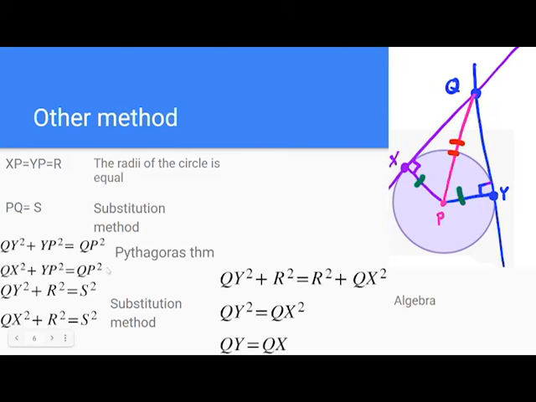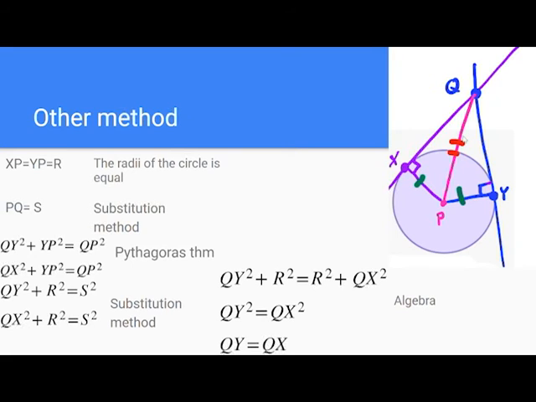Afterwards, in the previous slide I mentioned using the Pythagorean theorem, so here we are using it. The Pythagorean theorem states a squared plus b squared equals c squared. In this case, we substitute with the givens or the previous steps we mentioned in the previous video, all grouped together.